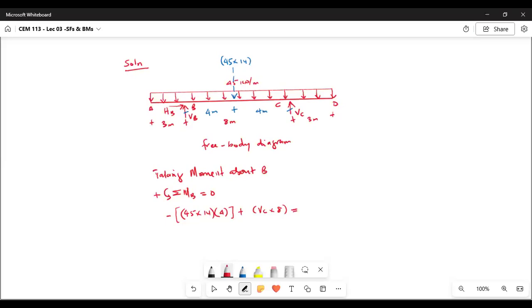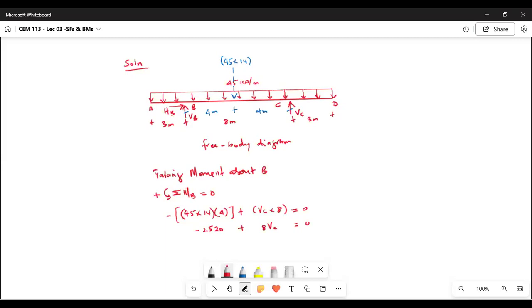Which is equal to 0, isn't it? So we have negative 2,520 plus 8 VC is equal to 0.